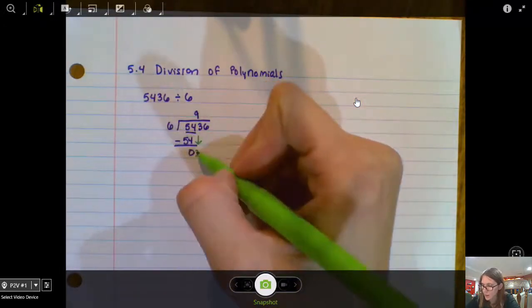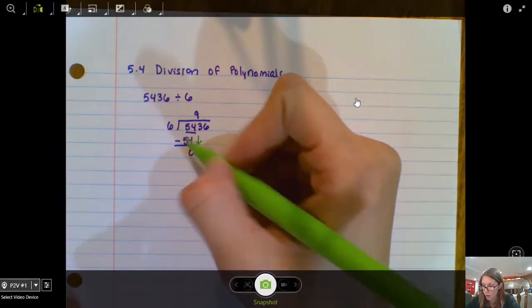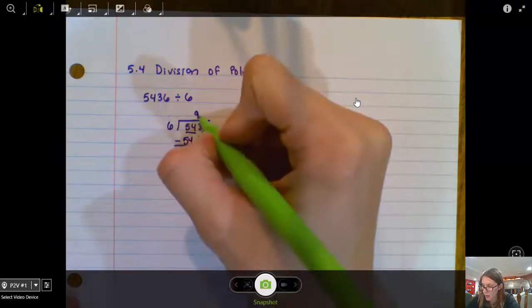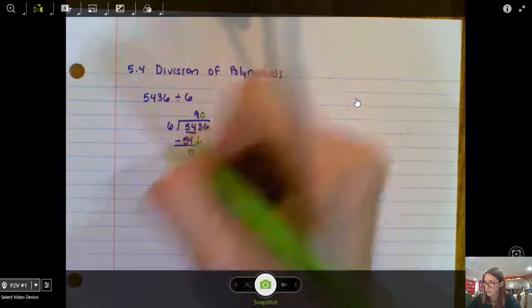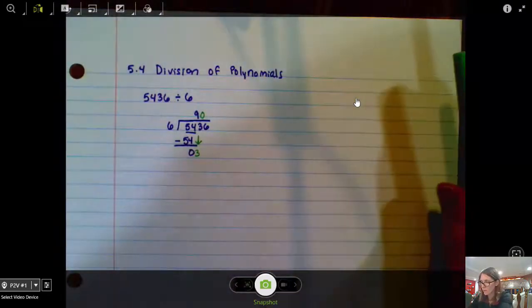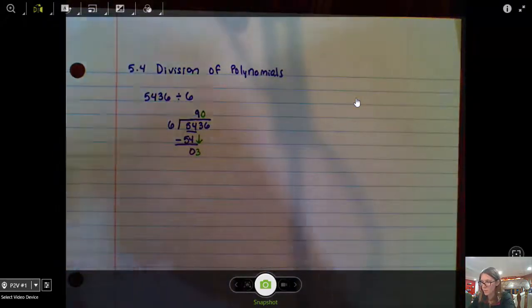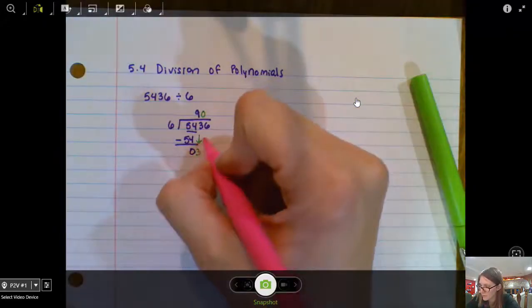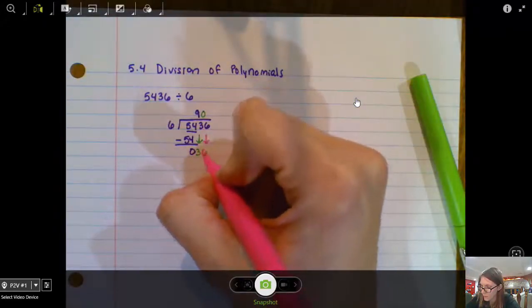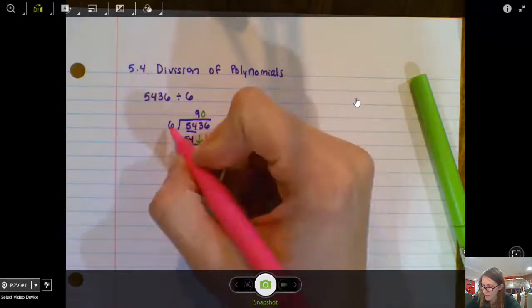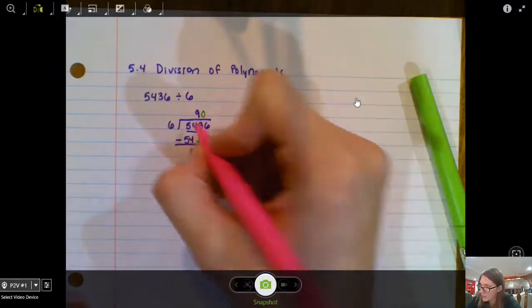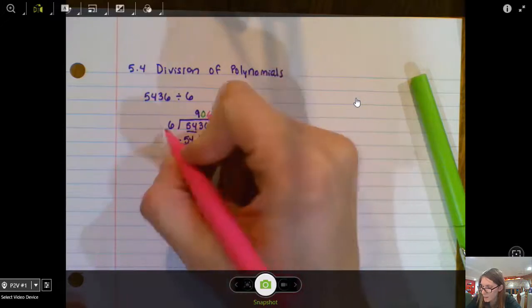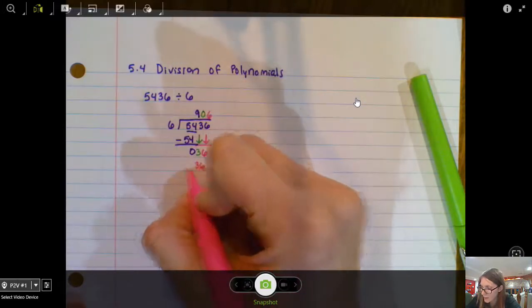Okay, does 6 go into 3? No, 6 doesn't go into 3 at all. So we'll put a 0 up top here. And bring our next number down. Does 6 go into 36? Yep, 6 times. 6 times 6 is 36.